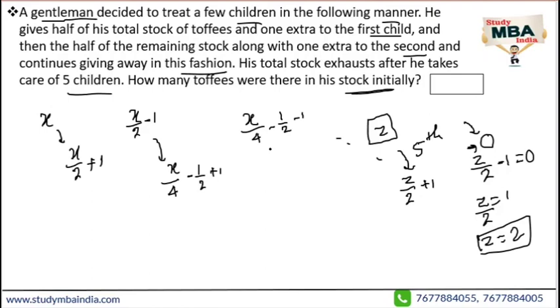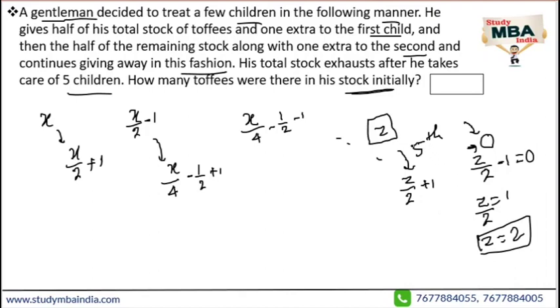We'll start from the end and move towards the starting, not from the starting towards the ending, because that will be difficult. We would get x/2, x/4, x/8, x/16, 32, 64 and so on, which will take much time, so we'll solve in reverse order.